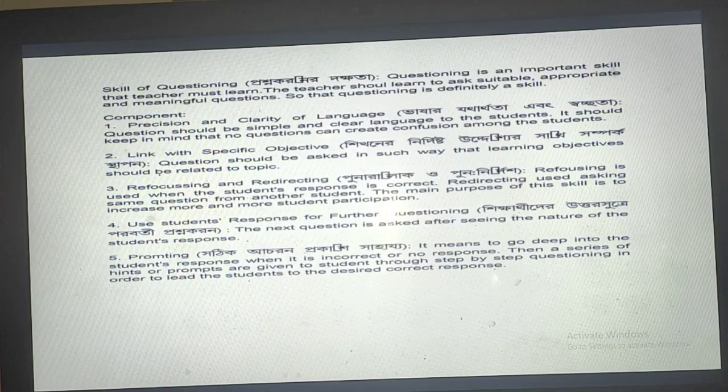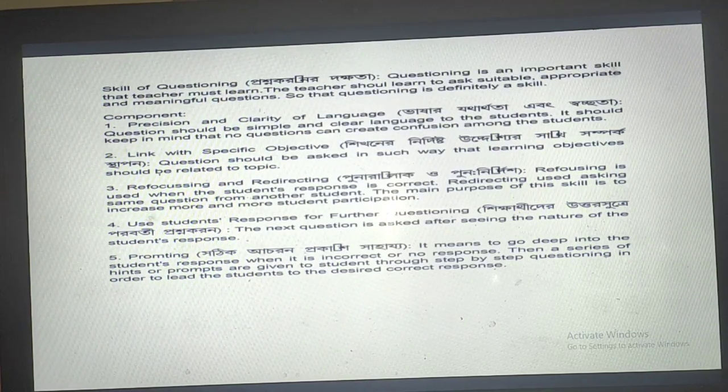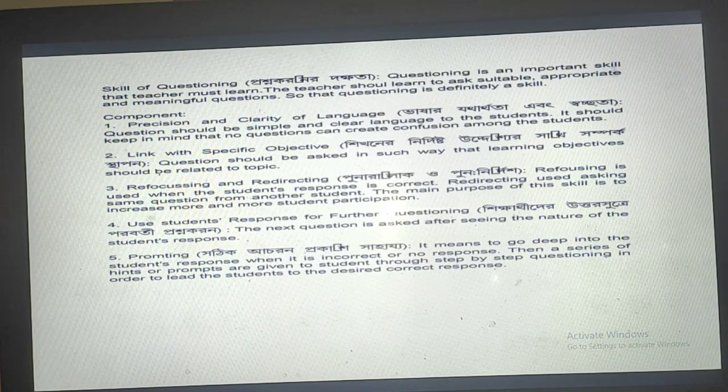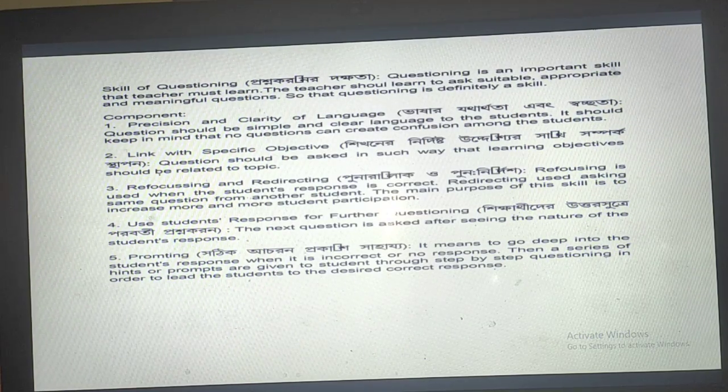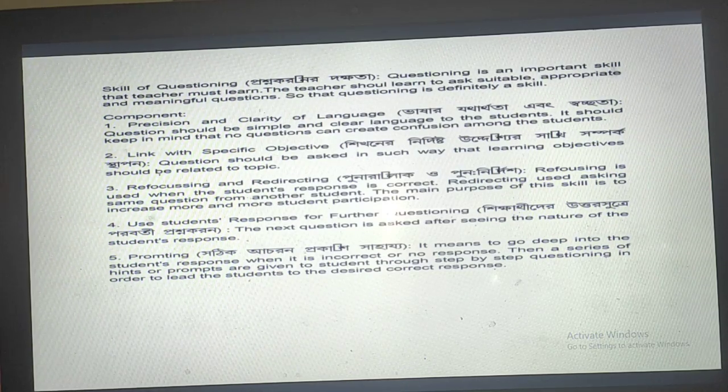Now, the next skill is the skill of questioning. Questioning is also a very important, very essential technique. Through questions, the teacher can assess the students' performance about the topic, so the questions should have precision and clarity of language.